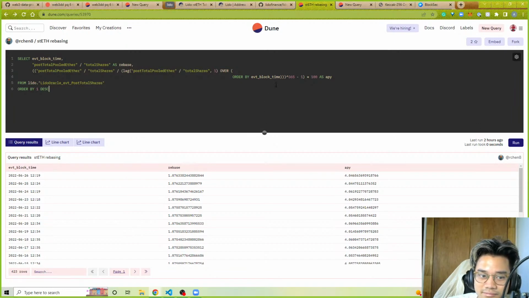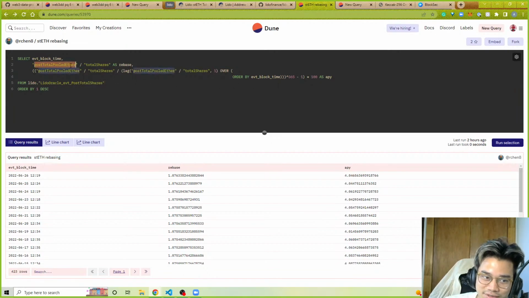So you could calculate how much token you're supposed to get based off the total pool. In our case, for staked ETH, it's how much total ether is in the contract divided by how many total shares people hold, right?